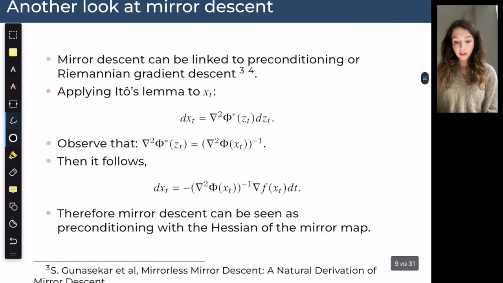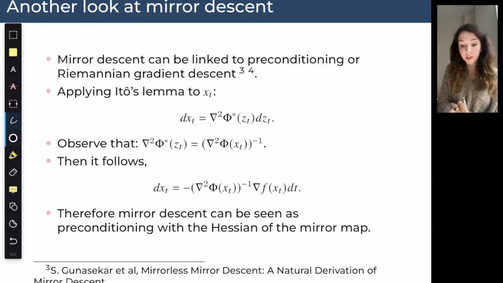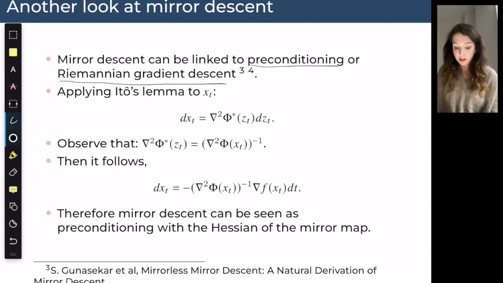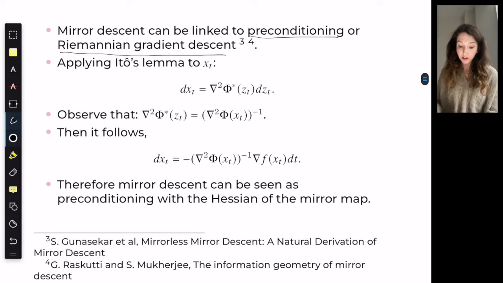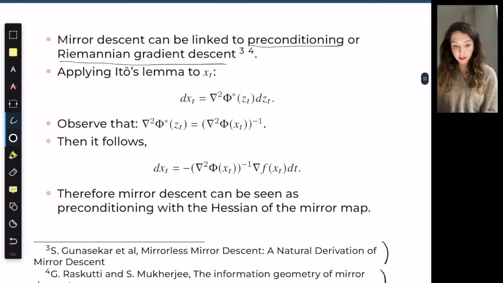Now, another way to look at mirror descent, and a way that I find quite interesting, is that we can link mirror descent to preconditioning or to Riemannian gradient descent. There are these two papers which are quite interesting. The first one is called Mirrorless Mirror Descent, and the second one is called The Information Geometry of Mirror Descent, which go deeper into this particular setup.